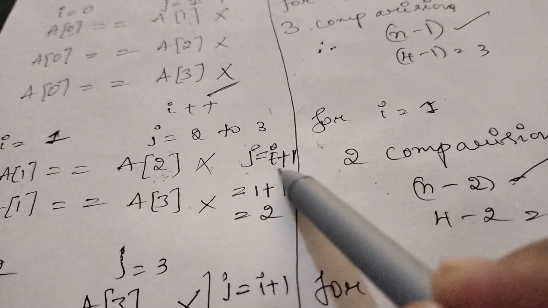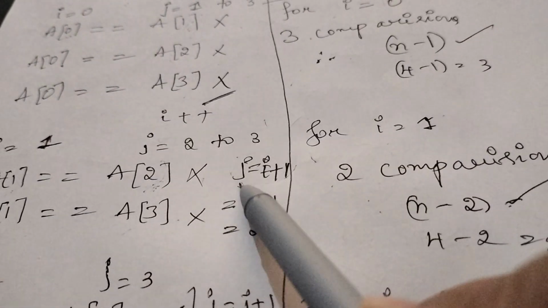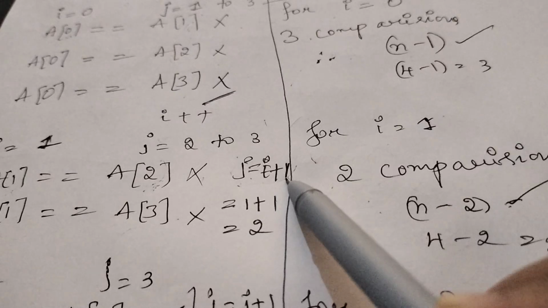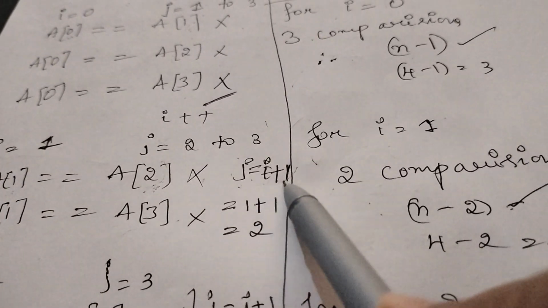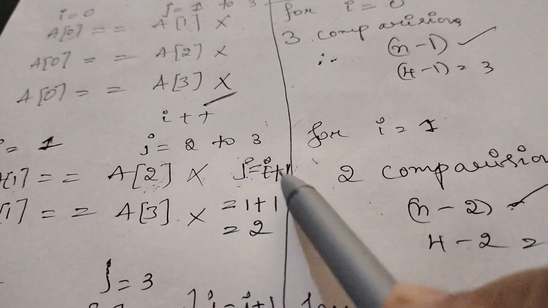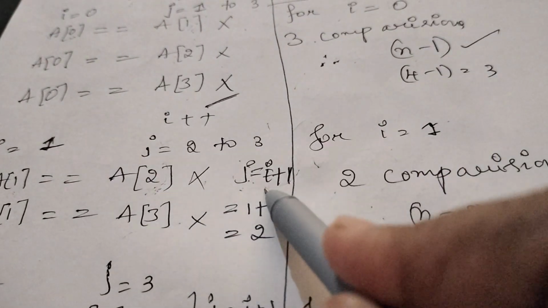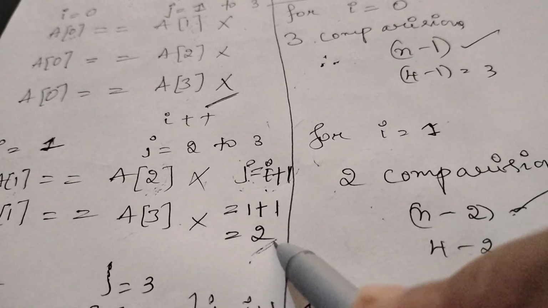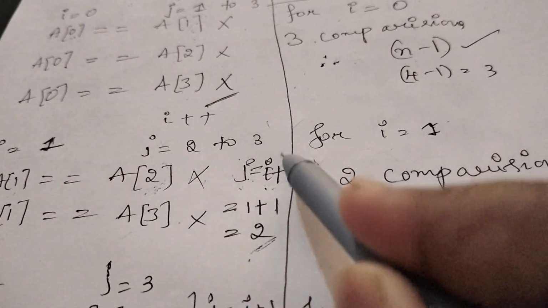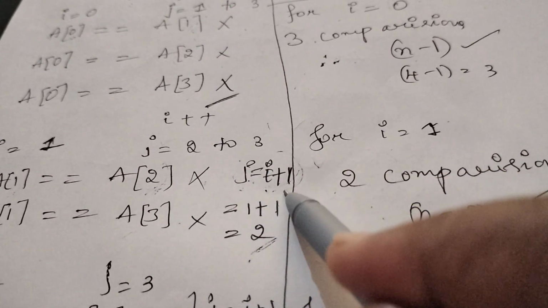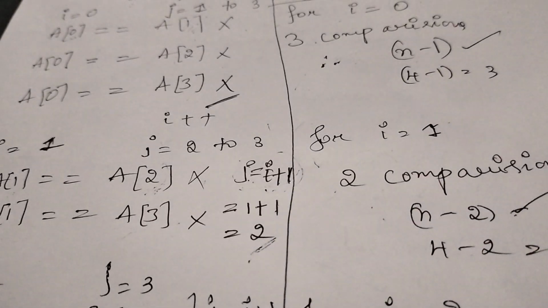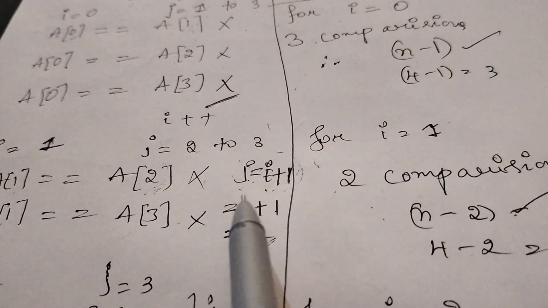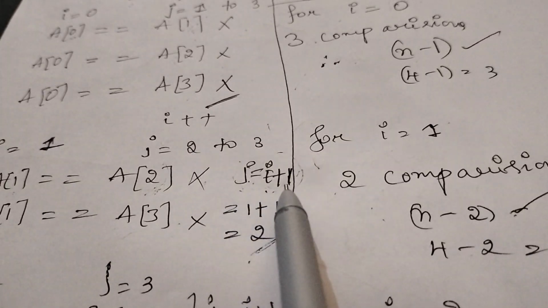By performing this operation: j should be equal to I plus 1. When I is 1, 1 plus 1 gives us 2, so j starts with 2. That's why we have taken the value I plus 1. If you take only 1, then your entire algorithm goes wrong. That's why the j value has to start from I plus 1.